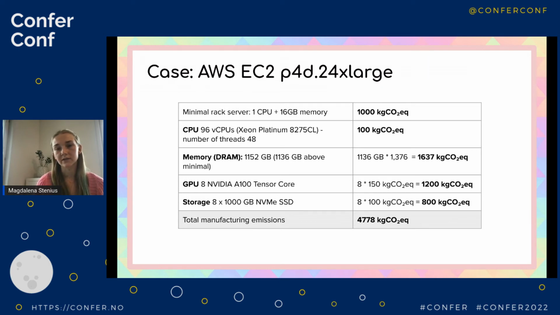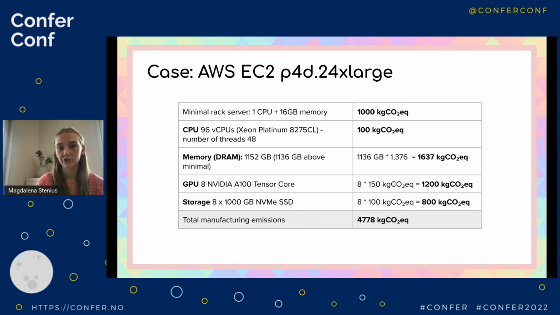We also look at the memory. We can see that there is some extra memory, and we calculate the emissions for that specific amount of extra memory. We also find 8 NVIDIA GPUs and add that directly from the naive 150 kilos of CO2 equivalent per GPU.